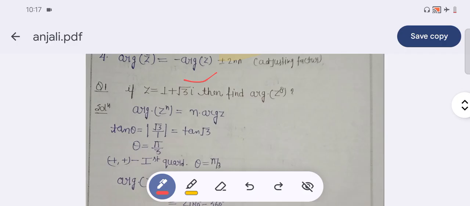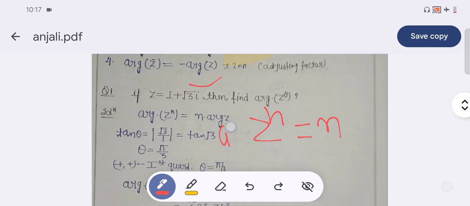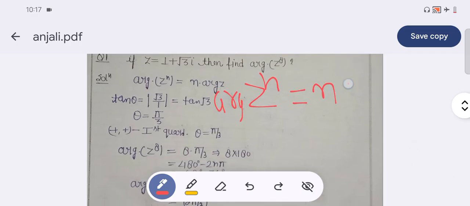In another example, if z is equal to 1 plus root 3 iota, then find the argument of z to the power 8. We will use the argument property: argument of z to the power n is equal to n times argument of z.